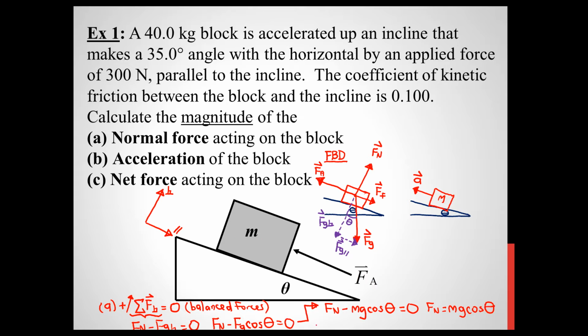All I have to do now is plug numbers in. So we go Fn would be equal to your mass, which is 40.0 kilograms, multiplied by 9.81 meters per second squared, multiplied by cosine of the angle, which is 35.0 degrees.